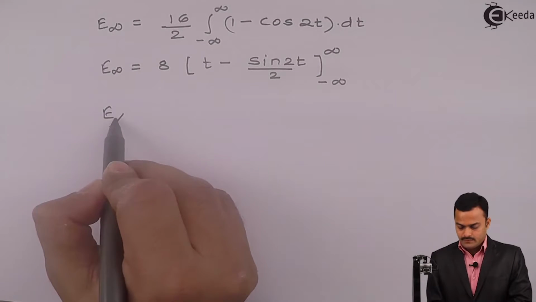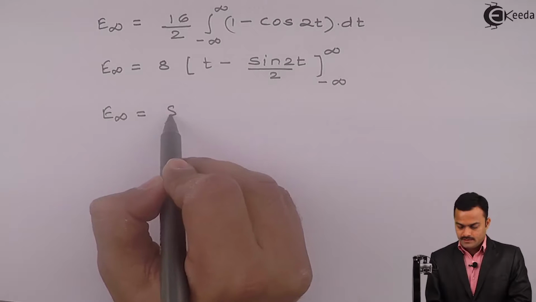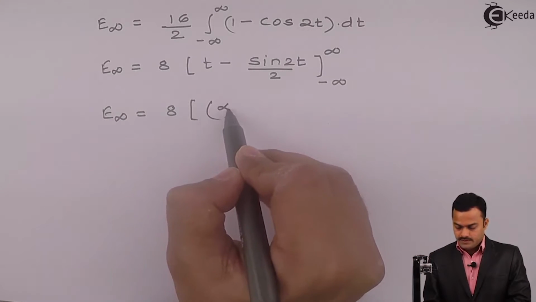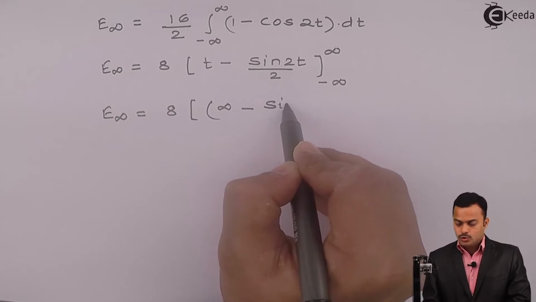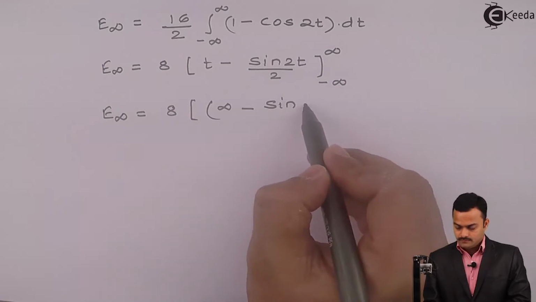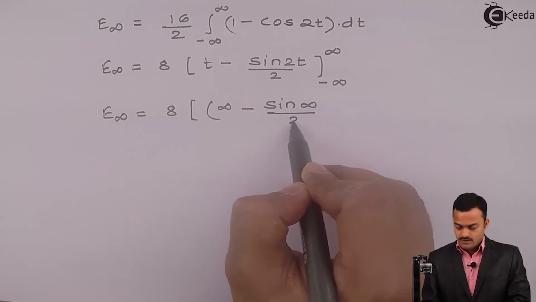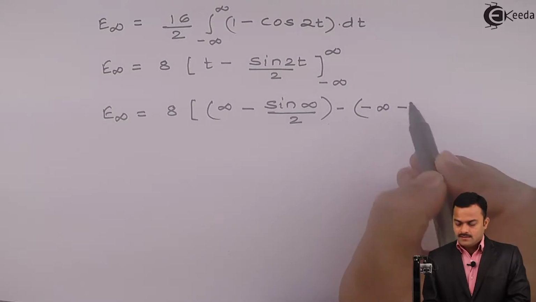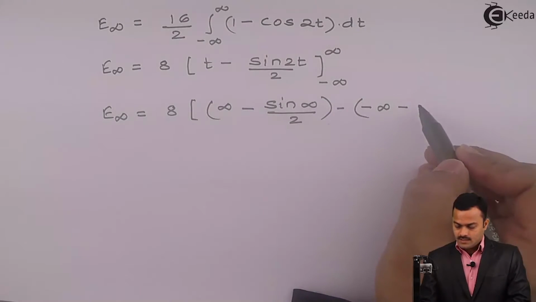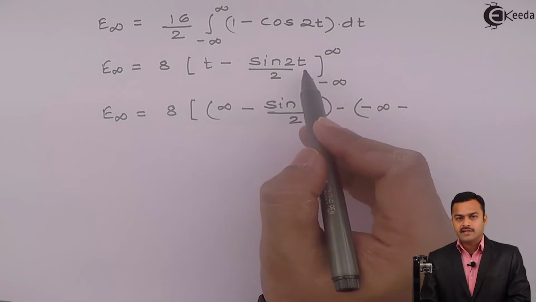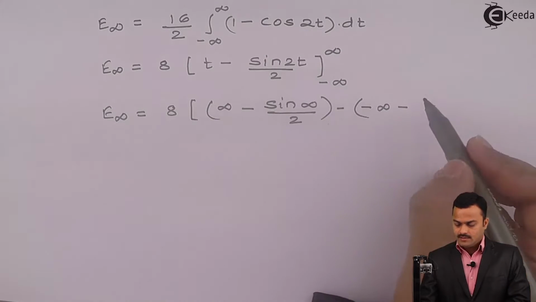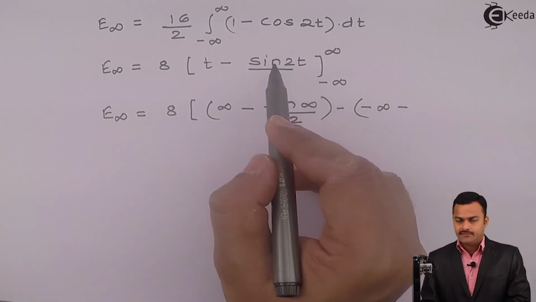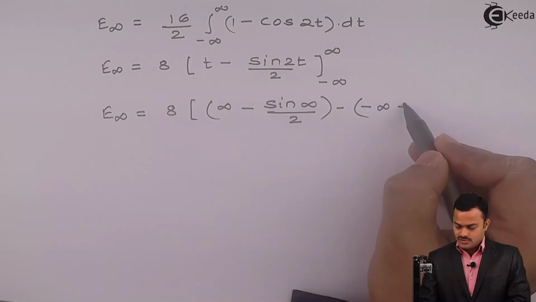So E infinity equals 8. Let's apply the limit. Upper limit: infinity minus sin 2 into infinity, which is infinity only, minus the lower limit. Since there is a sine term, sin of minus infinity is minus sin infinity, hence there will be a change in the sign.